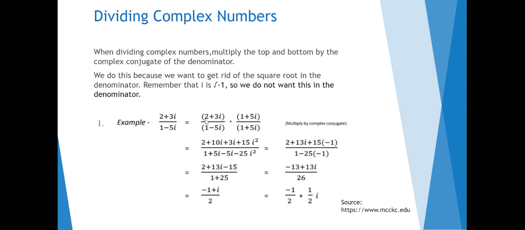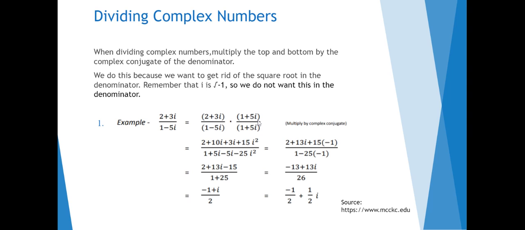Now from here, we'd multiply the top by the top and the bottom by the bottom. By FOILing, we first multiply the first term, so 2 times 1 is 2. Then the outer term, 2 times 5i is 10i. Next, the inner term, 3i times 1 is 3i.